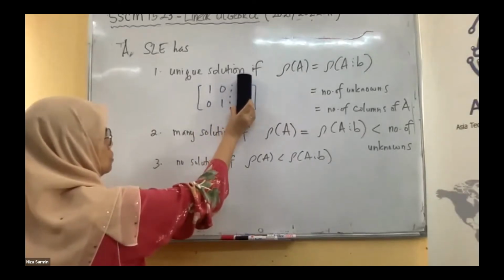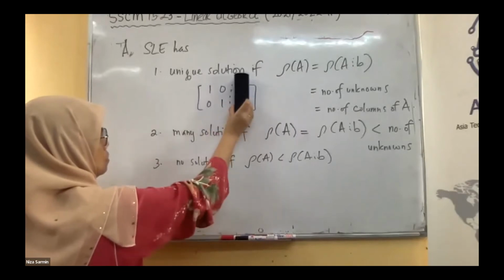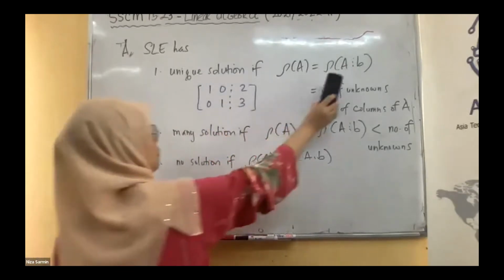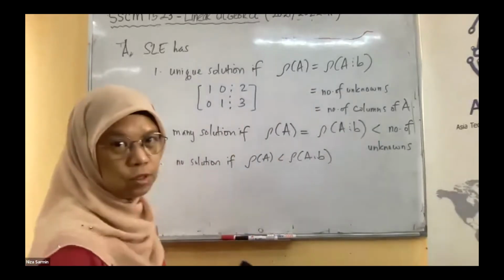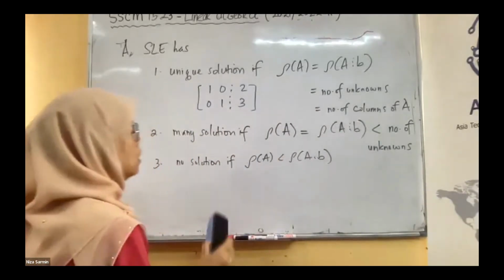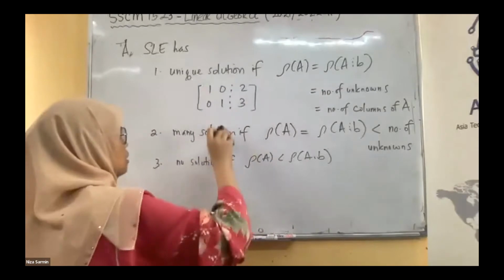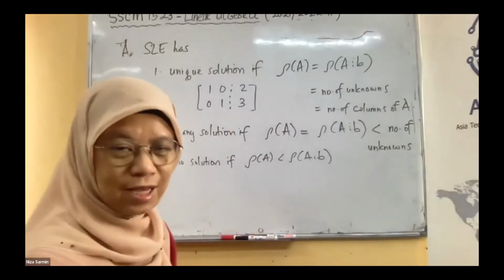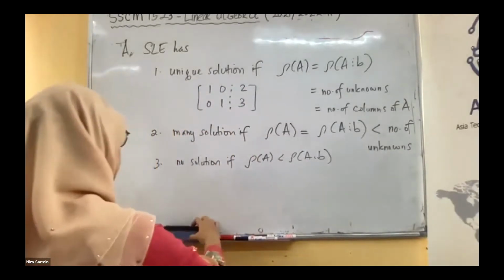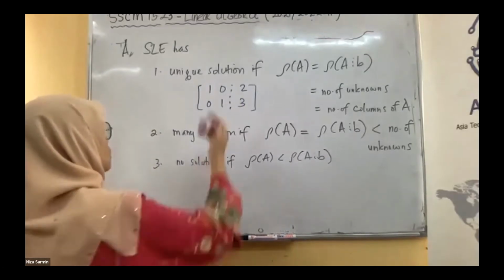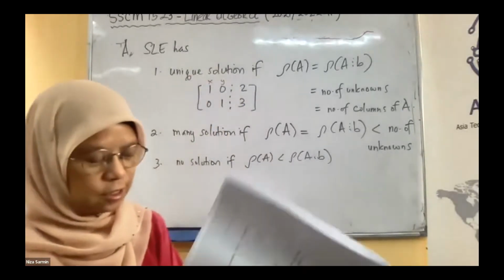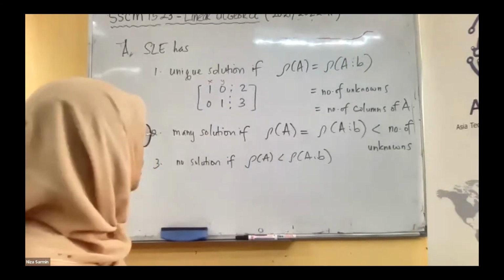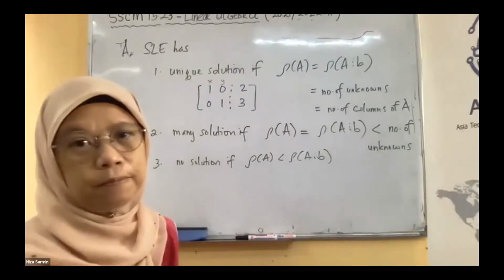I close this. The rank of A is 2, right? 1, 2. The rank of AB is the same, also 2. And the number of columns of A is 2, because there is X and Y. This is the number of unknowns. So in this case, it's unique. You can say X is 2, Y is 3.